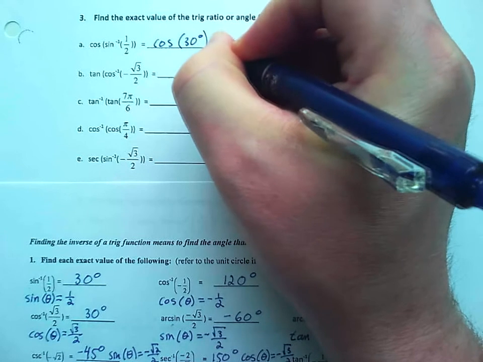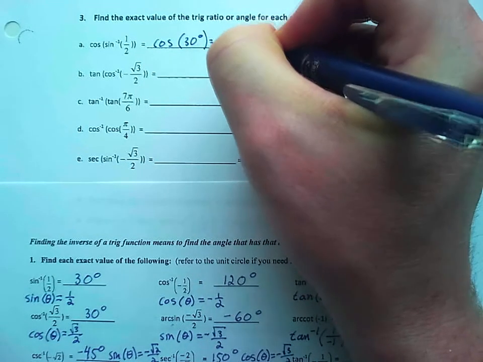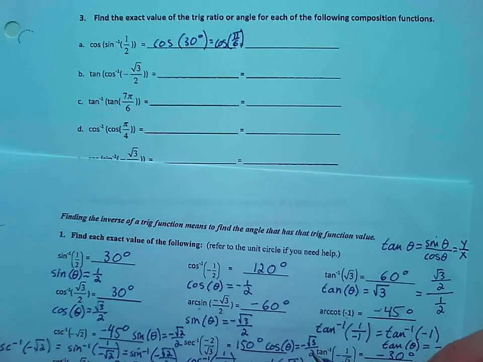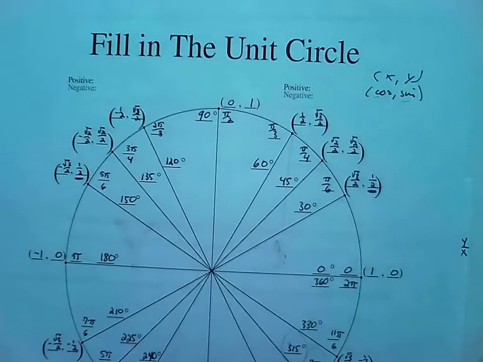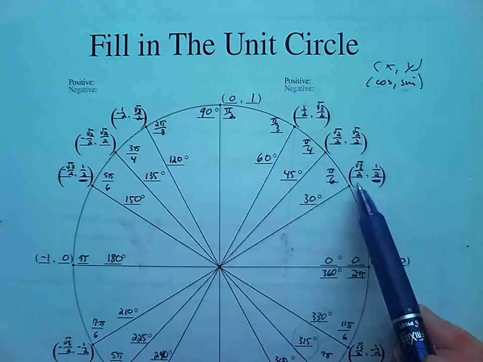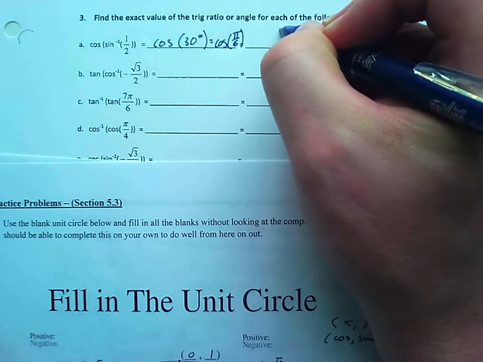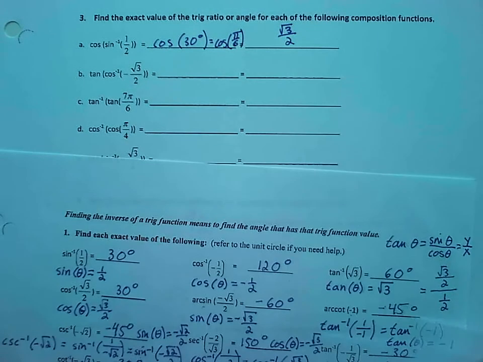We can either plug this in as 30 degrees, or keep in mind this is just the same thing as pi over 6. Either way, if you take the cosine of 30 degrees, the cosine is the x value of 30 degrees, so that's the square root of 3 divided by 2. So therefore, this right here is the square root of 3 divided by 2.